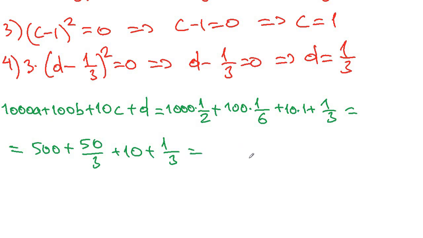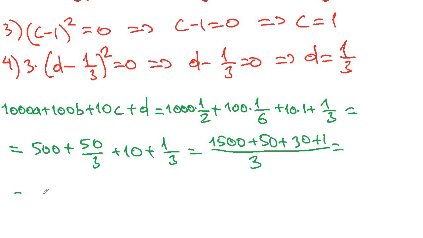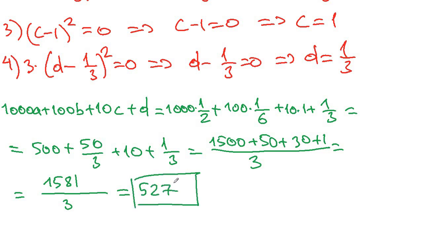Here, as you can see, the common denominator is 3, and in the numerator we'll get 1500 plus 50 plus 30 plus 1, which is equal to 1581 in the numerator, divided by 3, which is equal to 527. So as you can see, this is our final answer.